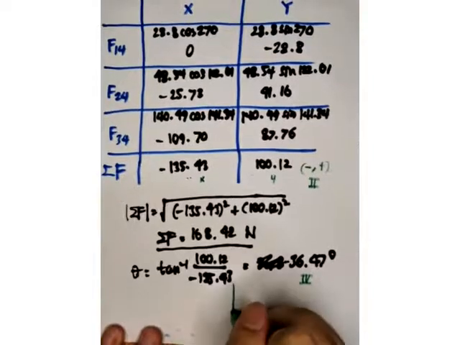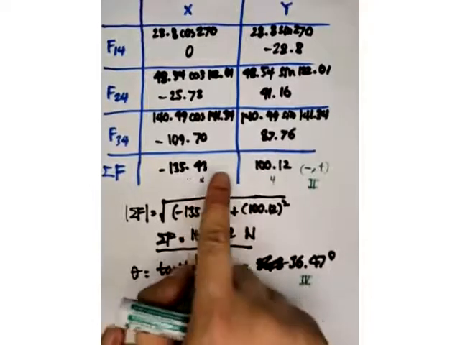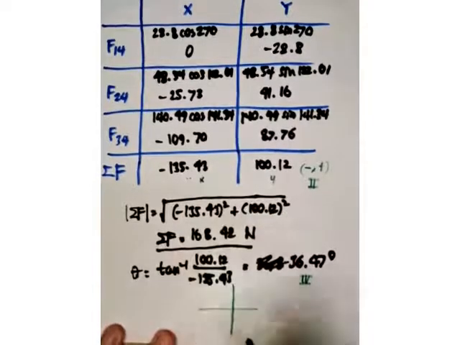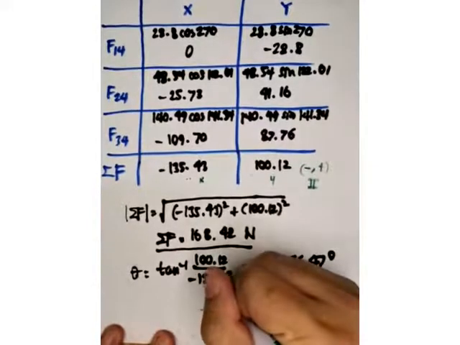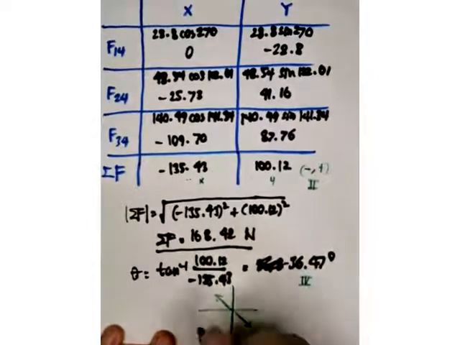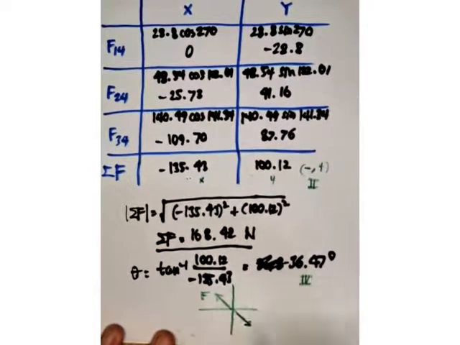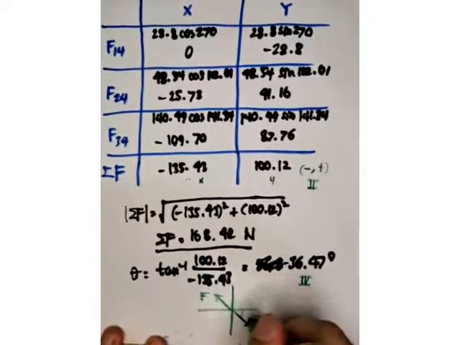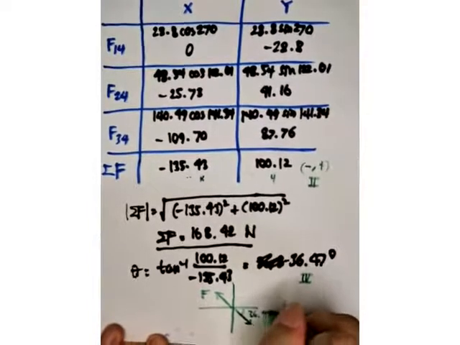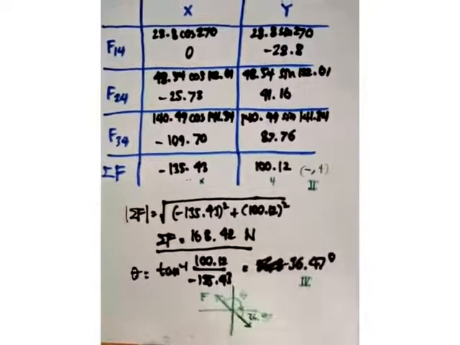So, kung ipa-plot natin yung ating dalawa, so, itong dalawang ito ay nandito. So, yung sagot natin ay nandito sa fourth quadrant. Yung sagot natin ay dapat nasa kabila. Ayan. So, ito yung force natin na net force. So, dapat i-correct natin siya. So, anong gagawin natin? Since nandito yung sagot natin at ito ay 36.47, so ito yung angle na kailangan natin.